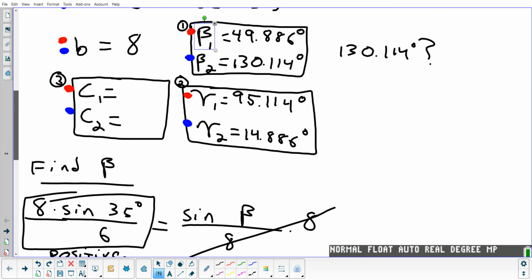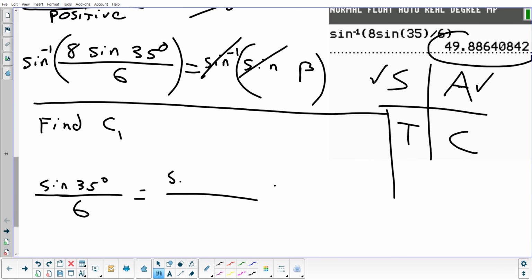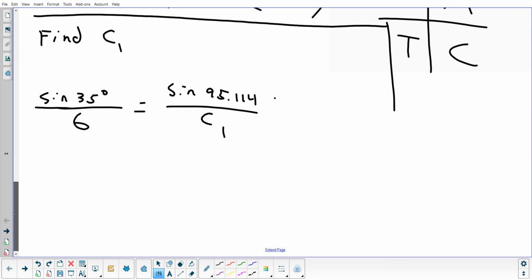And if we're going to find C1, what angle do I use? Chris? Gamma 1. Sine 95.114 over C1.